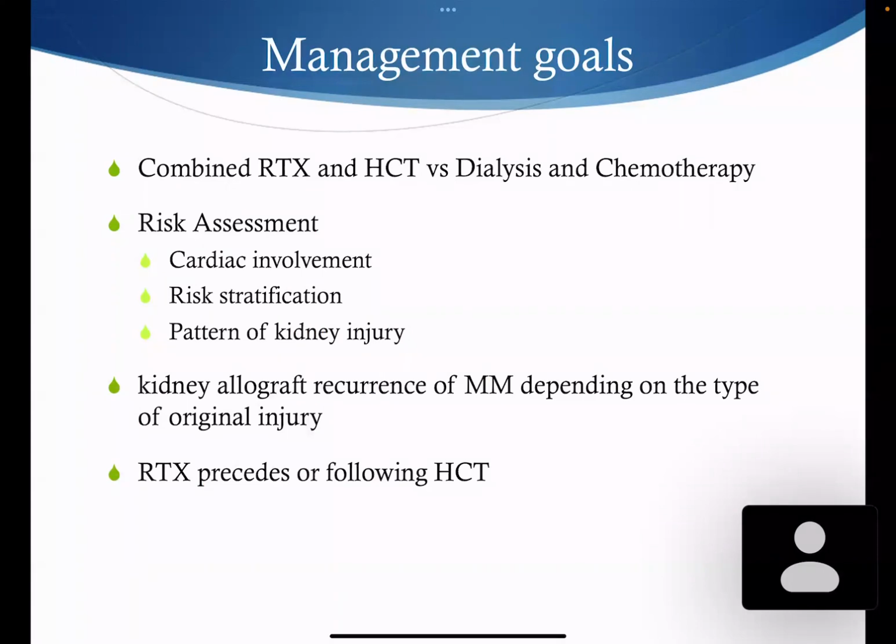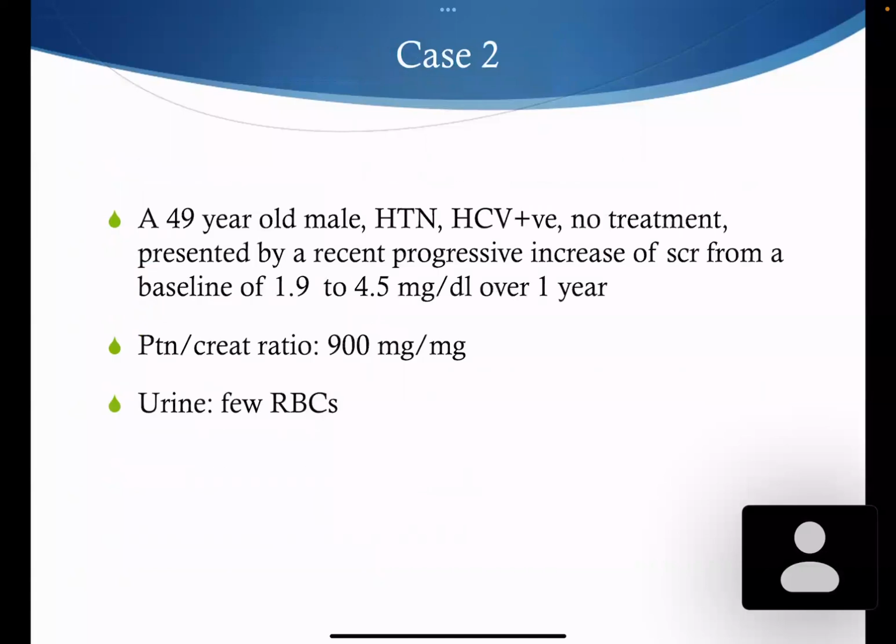Treatment should proceed and usually follow the hematopoietic transplant. Could it be allogenic or autologous stem cell or hematopoietic cell transplant? These are questions to be answered in more details.